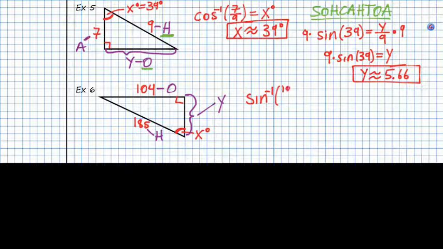So that's going to be 104 over 185. And then that's going to give me my output as x. And so I plug that into my calculator, and x is approximately 35 degrees.